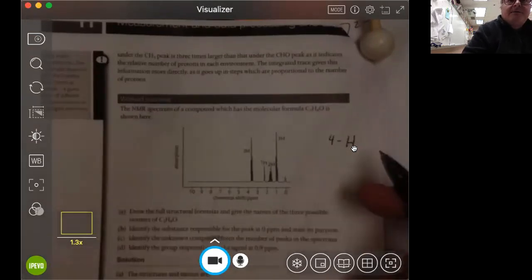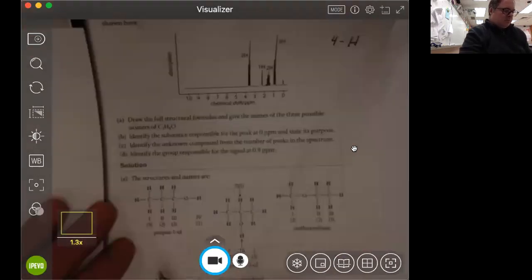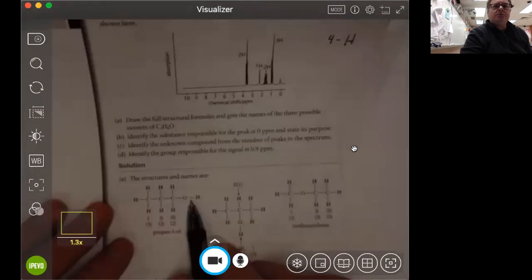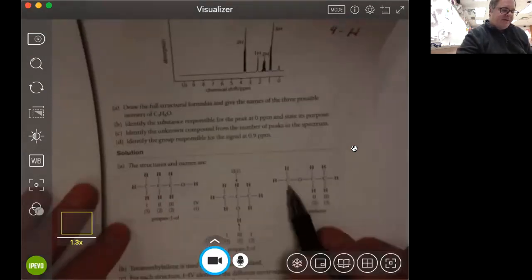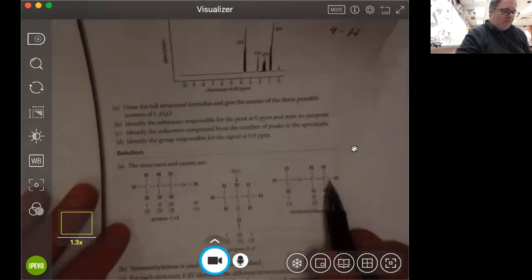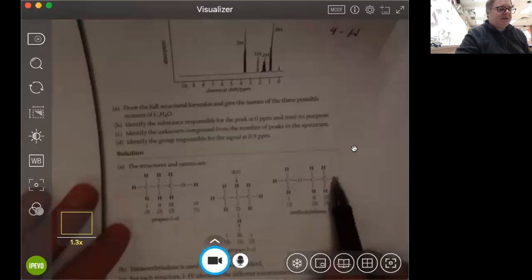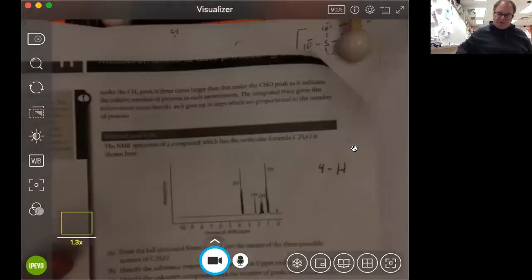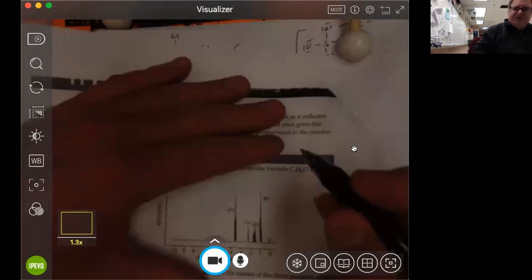If we were to draw all of the isomers that we could with C3H8O, we could have a primary alcohol. We could have a secondary alcohol. We could have an ether. We don't have a ketone. We can't have an aldehyde because, well, one thing you could do is you could use your IDH formula for this.